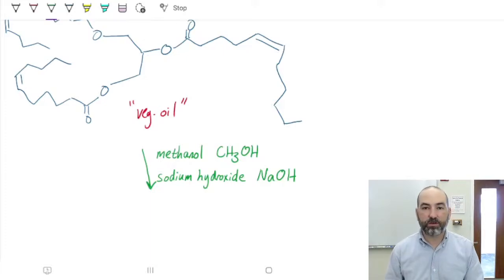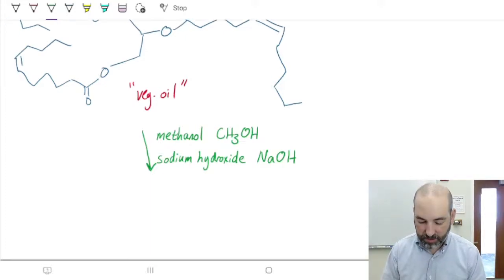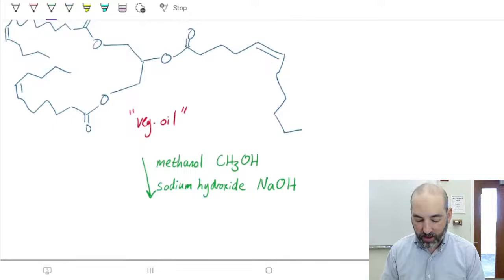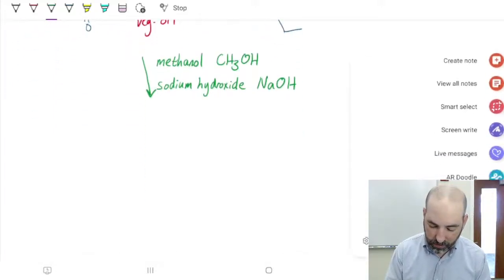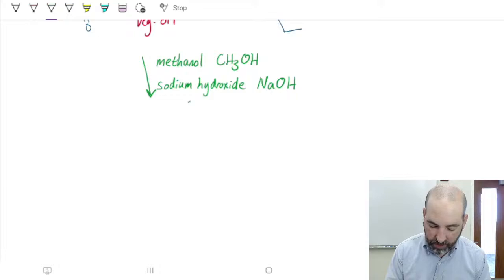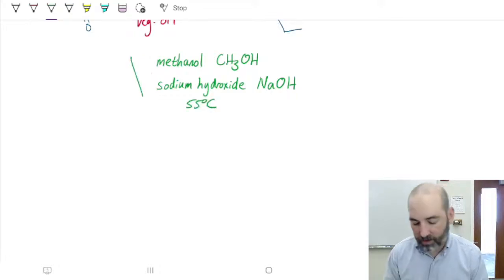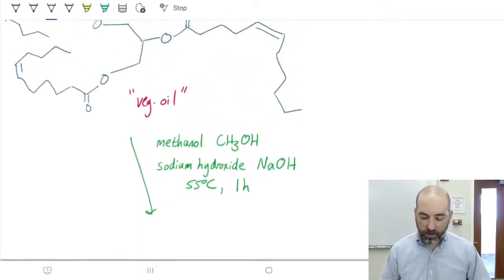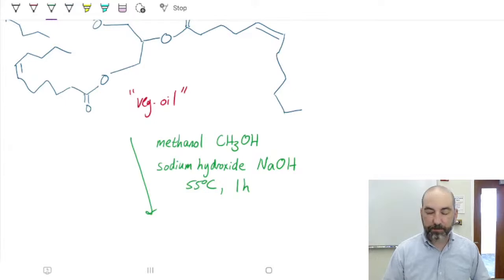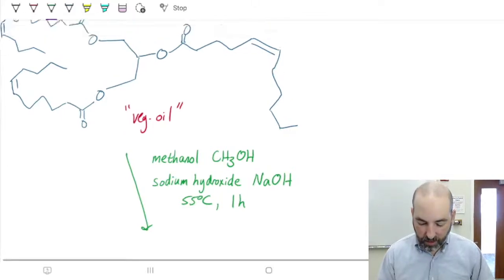And that's it. That's all that was really added into that reaction mixture. Then you remember you heated it up to 55 degrees C and reacted for 1 hour. So that was the reaction. We took vegetable oil, we added methanol and sodium hydroxide, reacted at 55 degrees C for 1 hour.